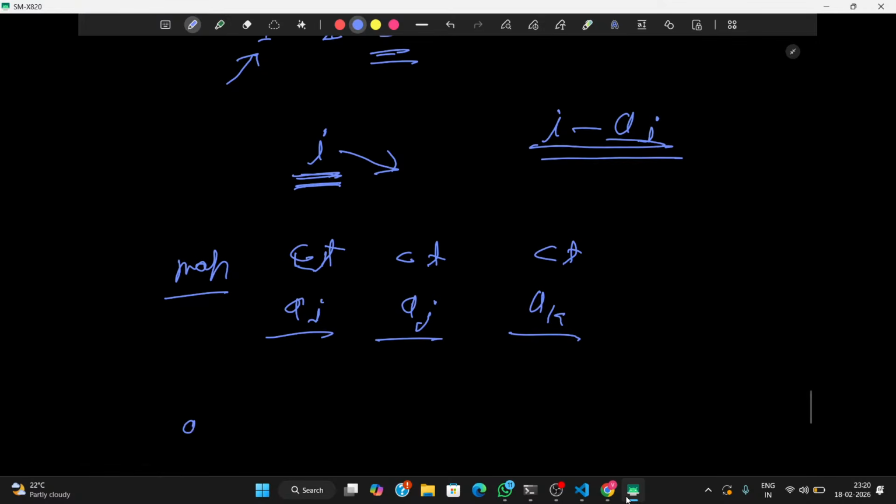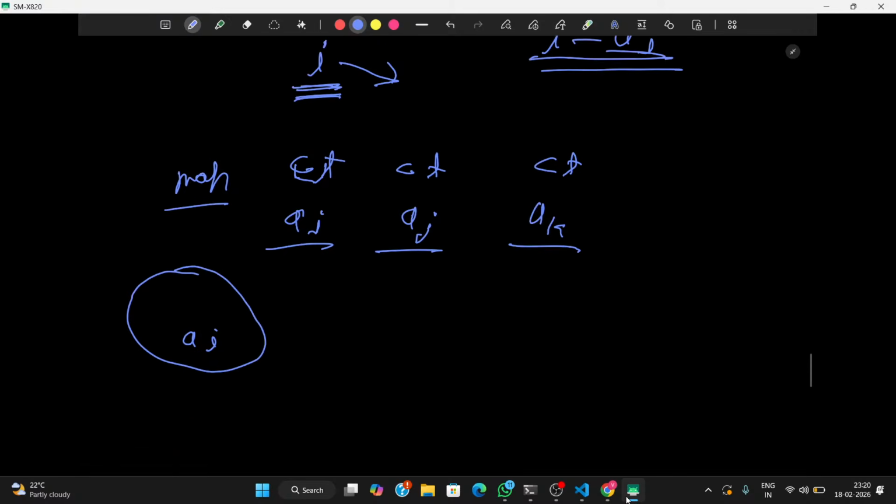Suppose this is a component of a graph. And suppose ai is a part of this component. And suppose the count is three for now, and there are three edges from ai. Why are there three edges from ai? Since ai has three occurrences in the array, wherever these three occurrences of ai occur, all of those indexes will be connected to ai, right?